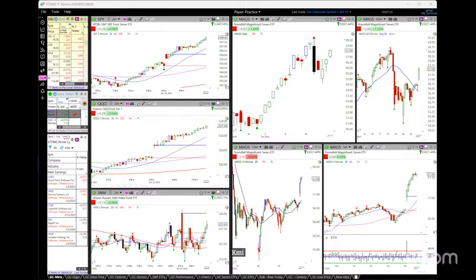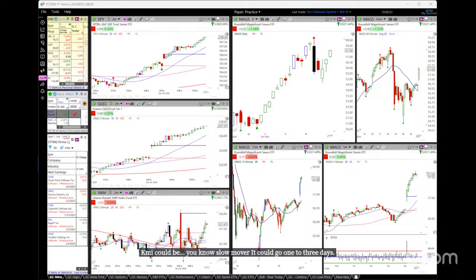KMI could be, slow mover, but it could go 1 to 3 days. Slow mover. Oh, 169.